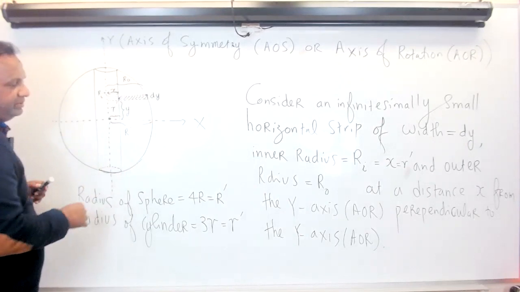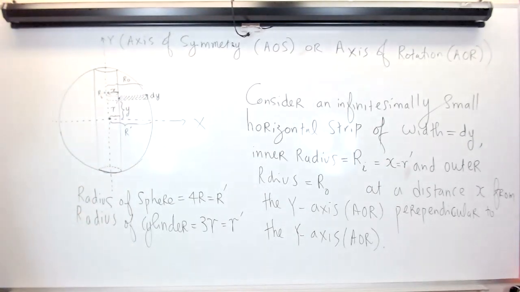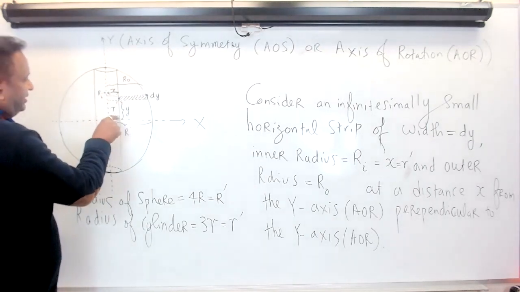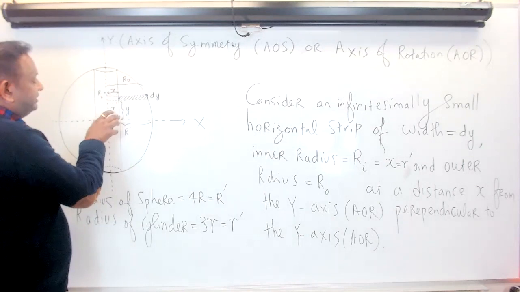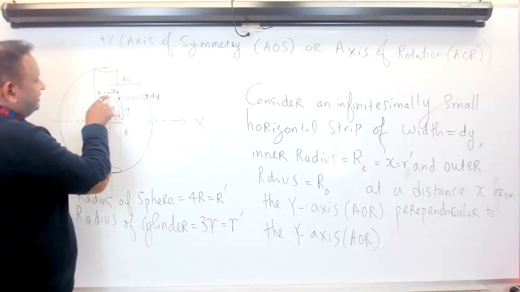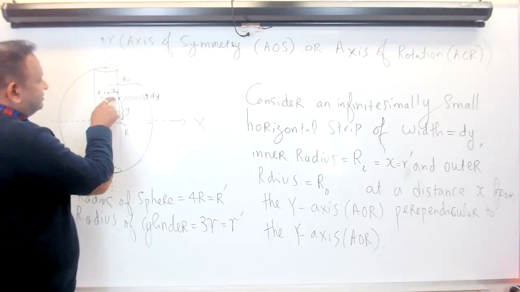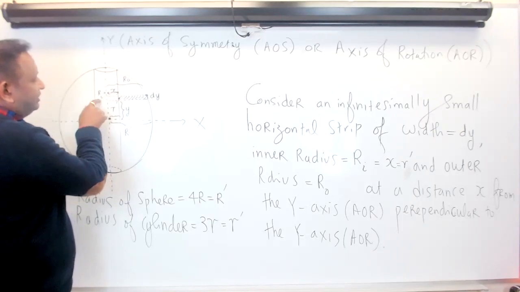Sorry, not this one. Inner radius I'm going to denote by ri, which is x in this case, plus r prime in this case. R prime means the radius of the cylinder is the same as the distance x, which is also denoted by ri.